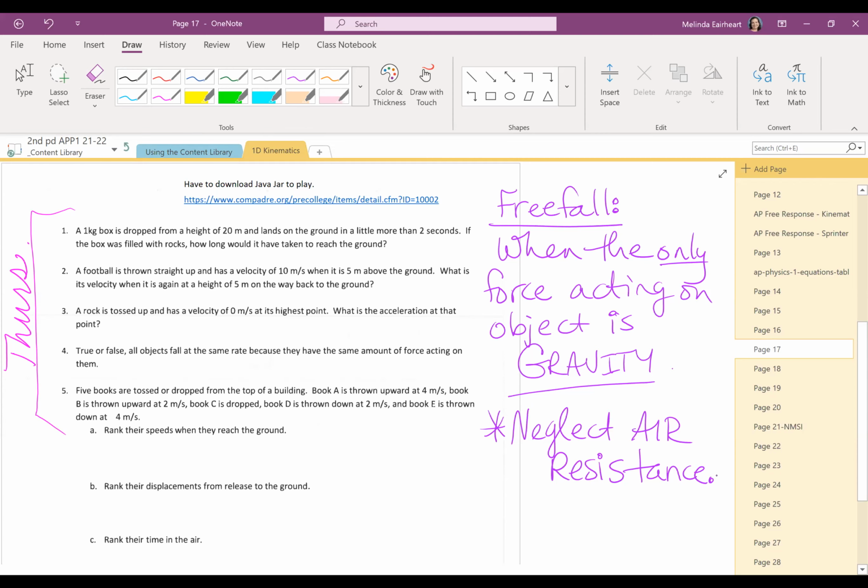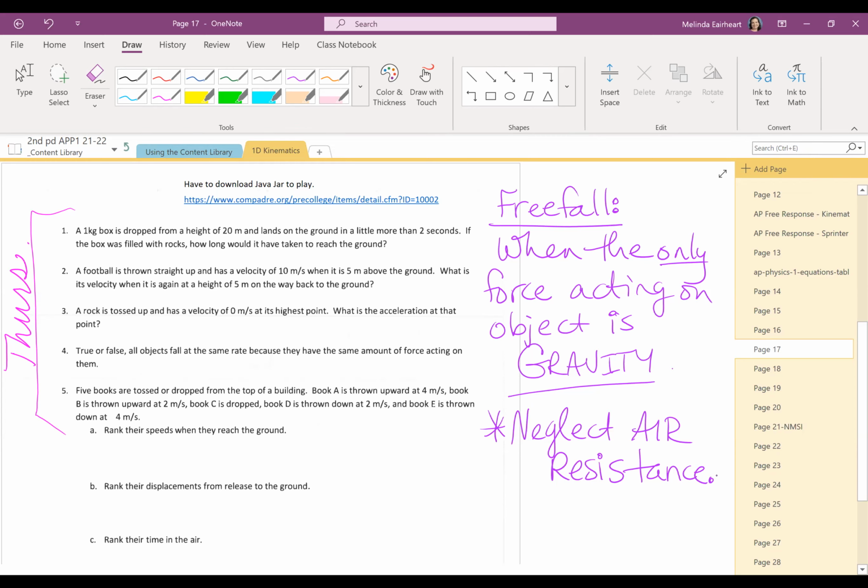And so, number one here, concept question. A 1 kilogram box is dropped from a height of 20 meters. So 20 meters is probably the roof of this building, right? I used a motion detector the other day whenever we had them out for lab, and I just, on my table, it was facing upward.